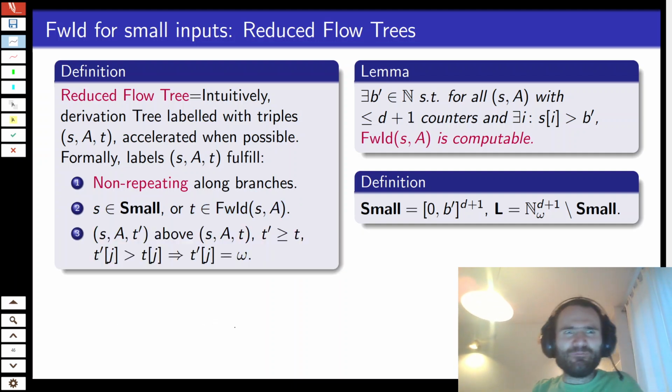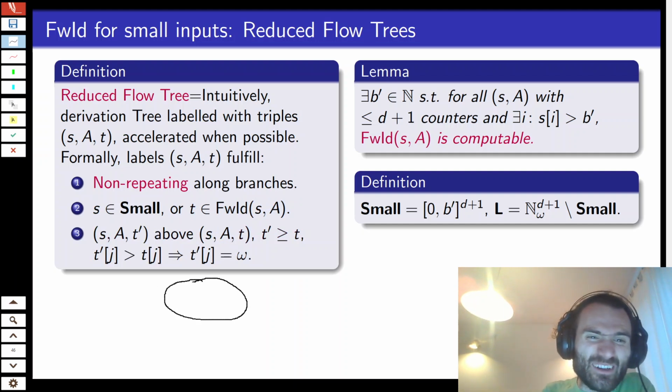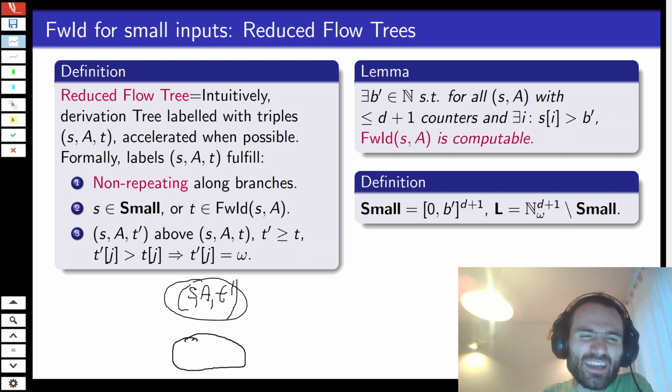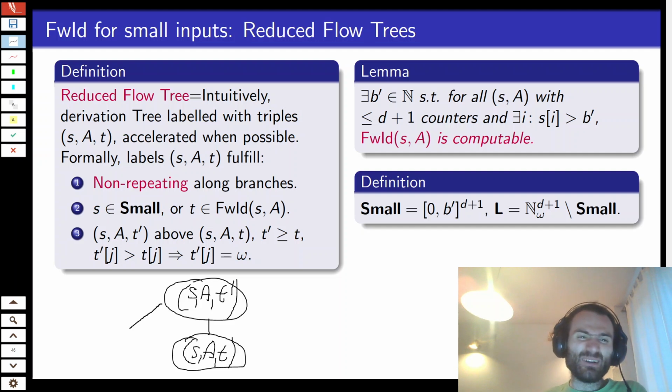And then finally, if you have a situation where here you have SAT prime and here you have SAT, so there is some derivation tree around it. This might also not be one step, this might be many steps.